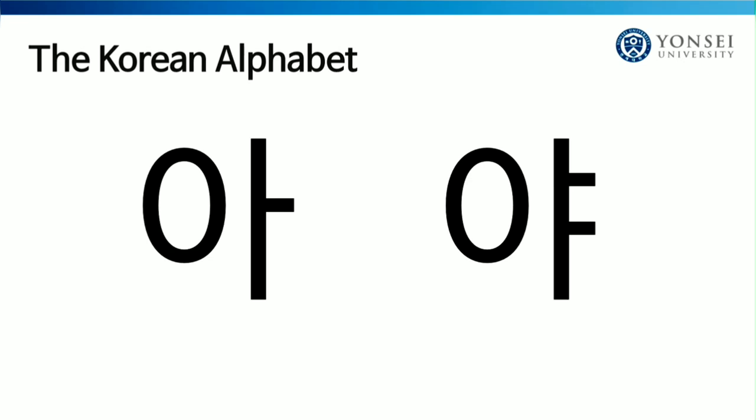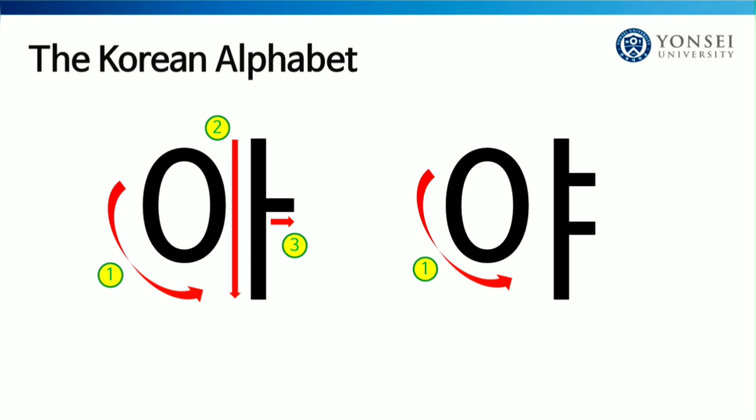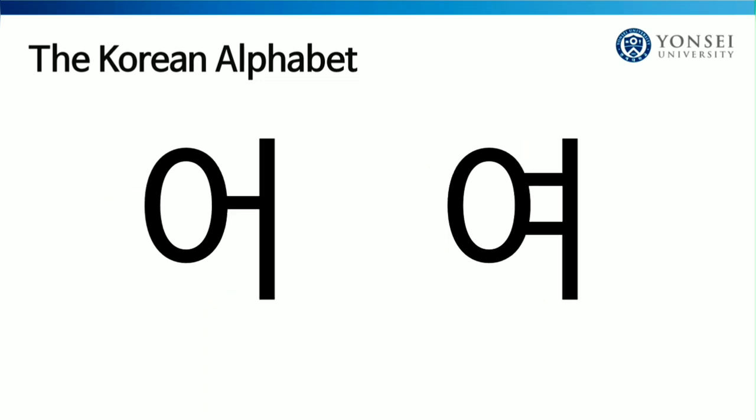At this time, we will practice writing the letters one by one. A is written using a circle, a long stroke from top to bottom, and a short stroke from left to right. Ya is also written using a circle and a long stroke from top to bottom, with 2 short strokes from left to right instead of 1. O is written using a circle, a short stroke from left to right, and a long stroke top to bottom.